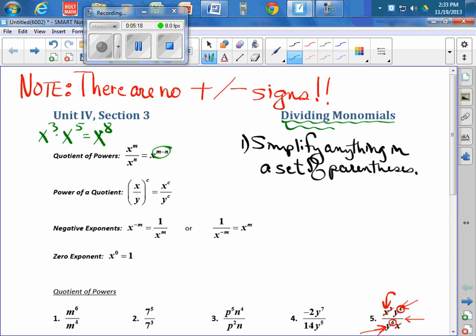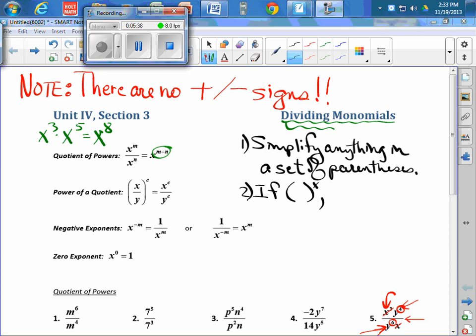Always simplify whatever's inside parentheses. Number 2. If you have some parentheses raised to some exponent, multiply the exponents to get rid of the parentheses.